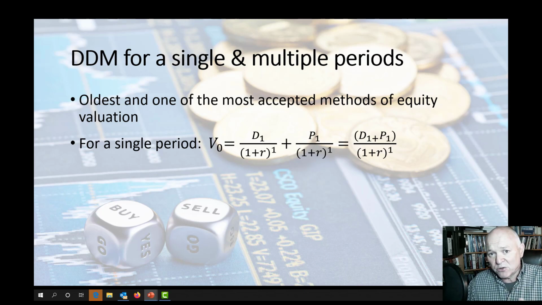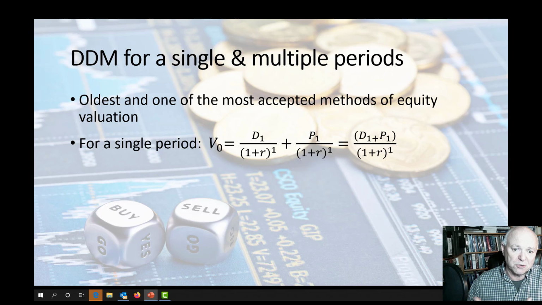So we could say that the value of the stock today is going to equal the sum of the present value of the dividend and the present value of the eventual selling price. For example, if we had a 10-cent dividend and a $1 share price, we're going to receive a total of 1.1 as our cash flows from the stock during the year.